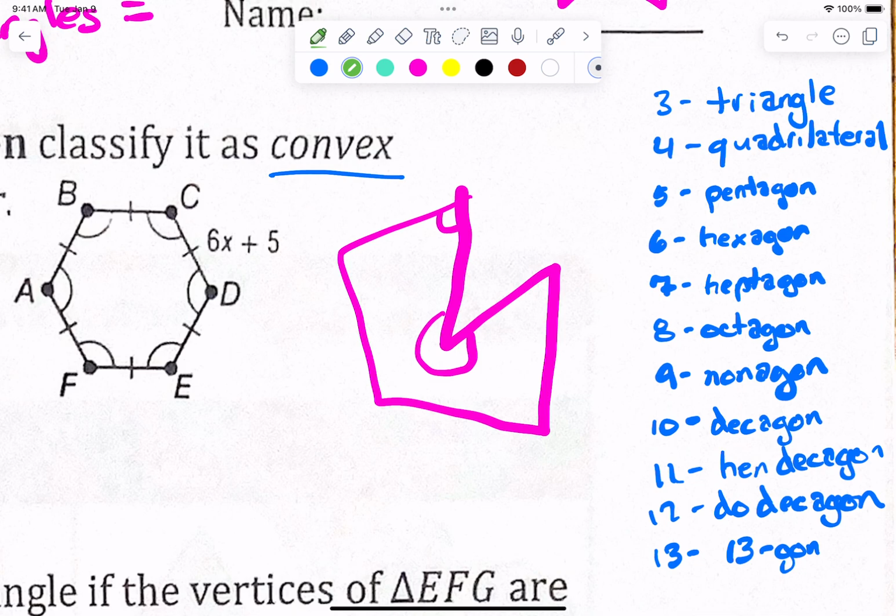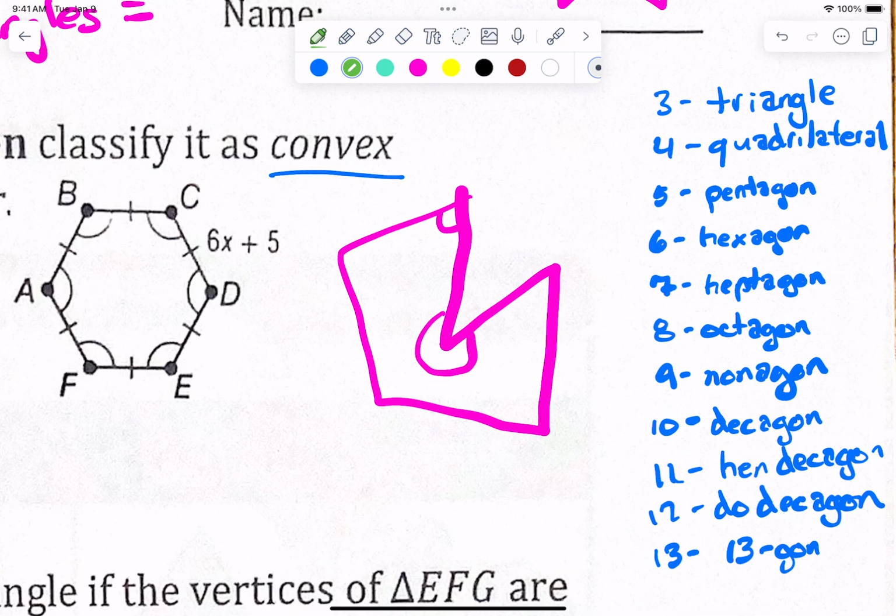They have 13-gon, hendecagon, and then dodecagon. What's the name for the 1-sided figure? A line. What about a 2-sided?